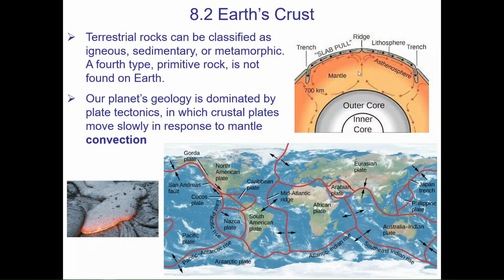When it spends some time near the crust, on top of the mantle, the temperature becomes lower. As it becomes cooler, remember, cool material wants to go down, so it moves down to a deeper part of the mantle.